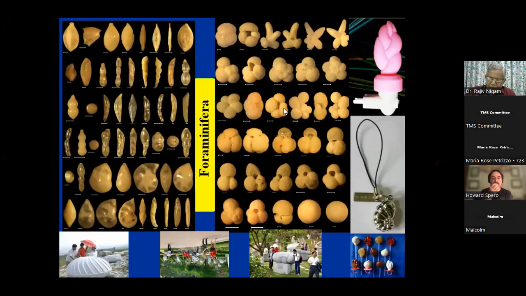For the students who are not from foraminifera, there are planktonic and benthic foraminifera, and I put a few slides here. The beautiful shape of foraminifera has been used to develop the park, the ornaments, the lollipop, and so these are the commercial applications which are being exhibited in China.